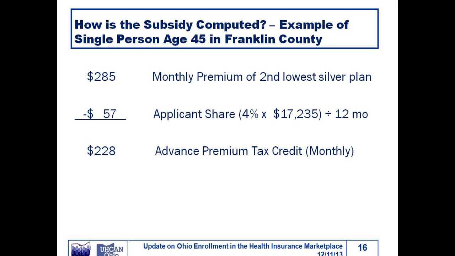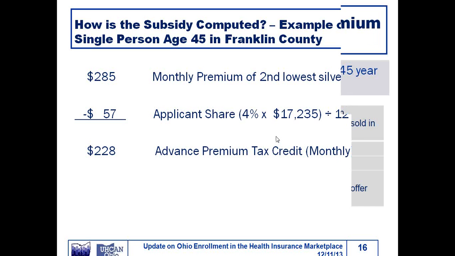So this is what I will pay only if I buy the second lowest silver plan. Now, if I decide to go for a cheaper plan in the bronze plan and I apply my tax credit, if the plan is cheaper, I'll pay less than $57 a month, but I'm going to get less coverage. Next.